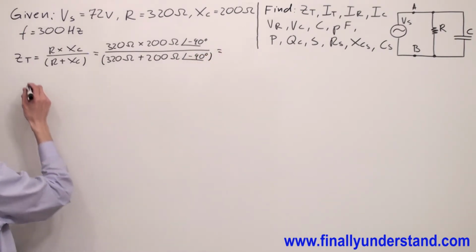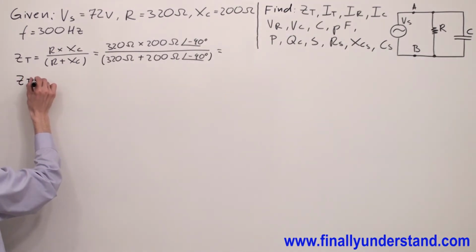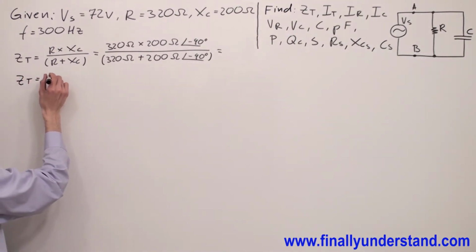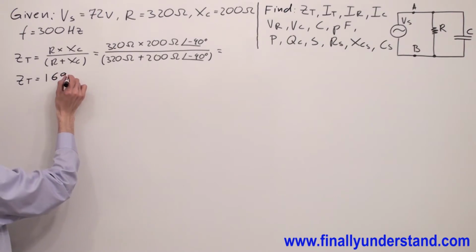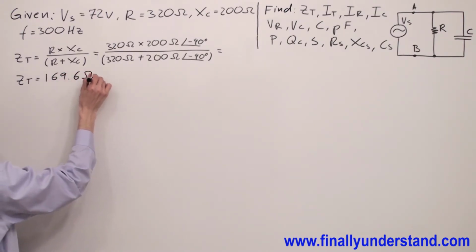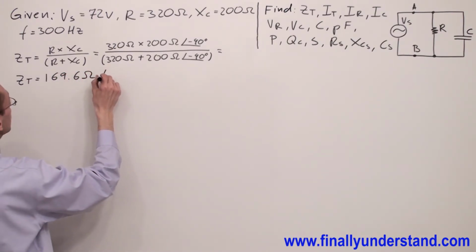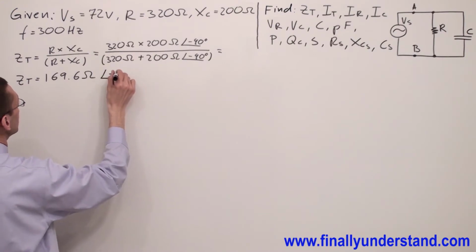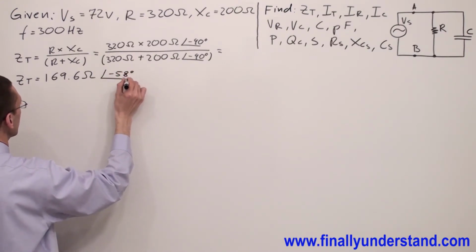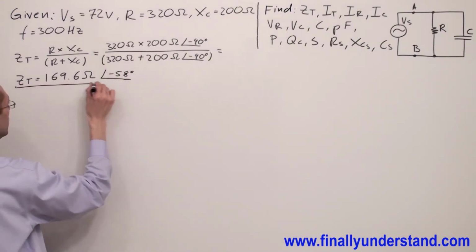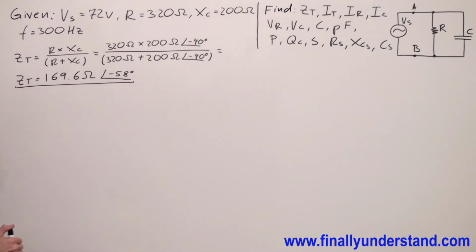This is equal to 169.6 ohms, an angle of negative 58 degrees. So this is the total impedance of my circuit.